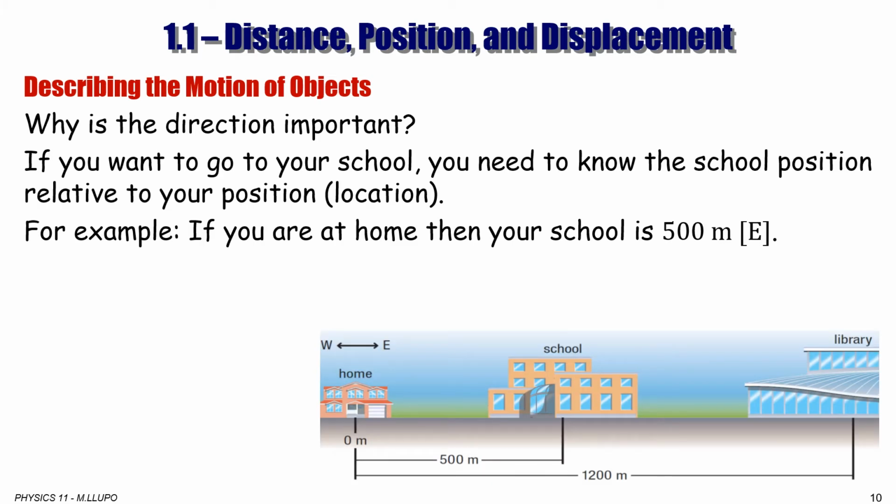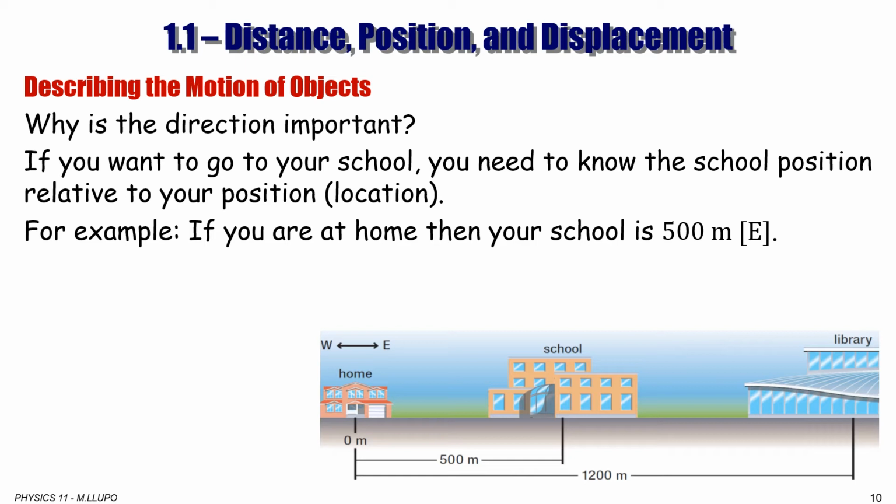So if you want to go to school, and you are in a library or at home, that means the school has a different position relative to your location. If you are at home, your school is 500 meters east of your home.